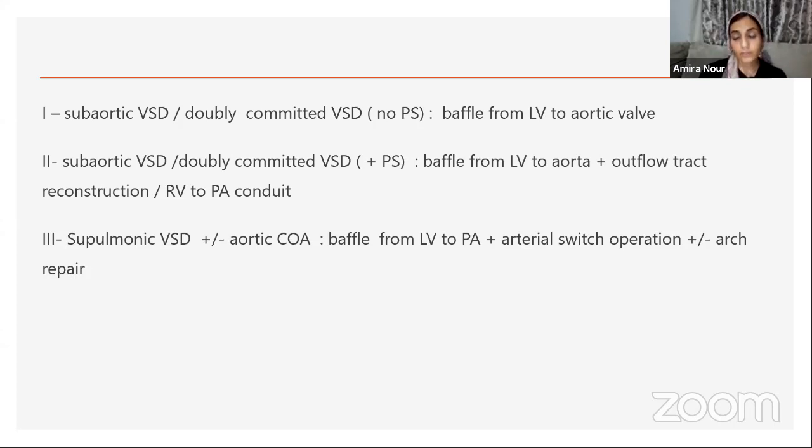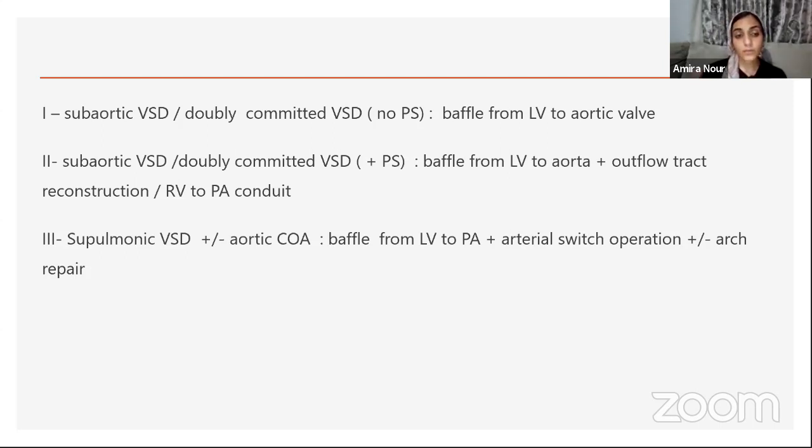However, if the patient has subaortic VSD or doubly committed VSD and pulmonary stenosis or outflow tract obstruction, you will have to baffle the blood from the LV to the aorta and then relieve the outflow tract obstruction, or sometimes you may have to make an RV to pulmonary artery conduit.